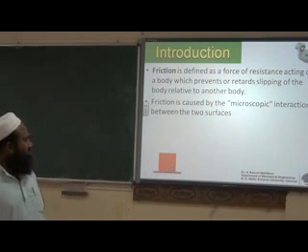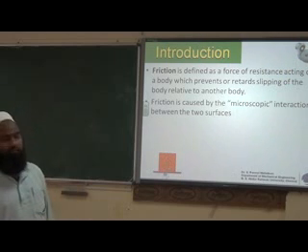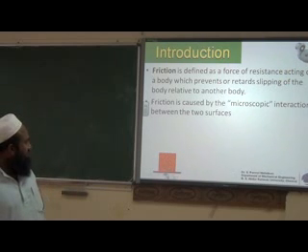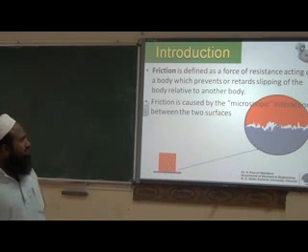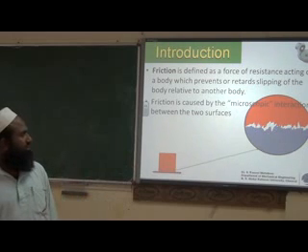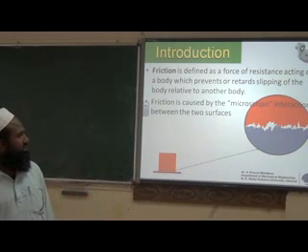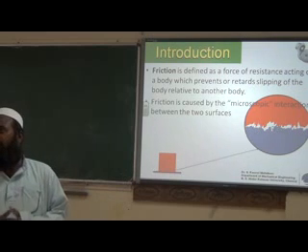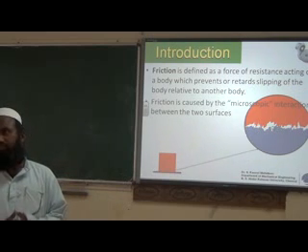Like this, we have 2 bodies, one block and a plane. At the surface, the body is trying to move. If you see at the microscopic level, there is a rough interface. So these rough surfaces interact and resist the motion.